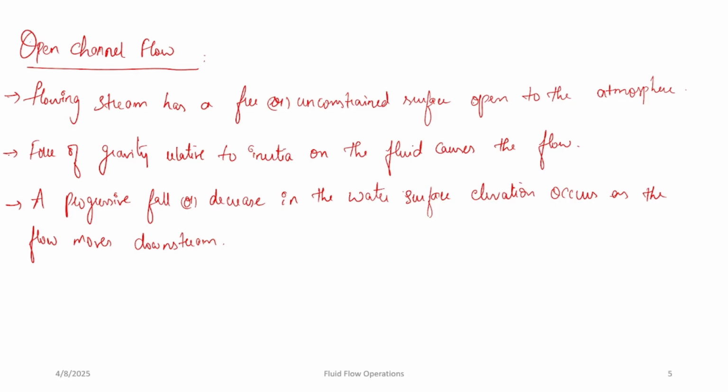Other parameters like surface tension and viscosity are the governing factors for the progressive fall or decrease in the flow rate.